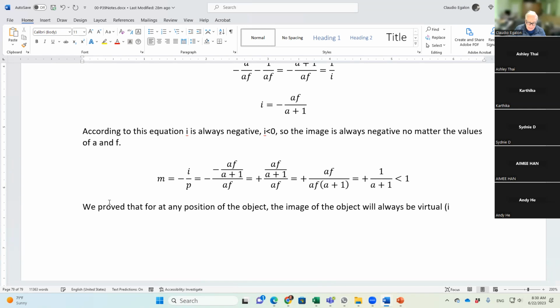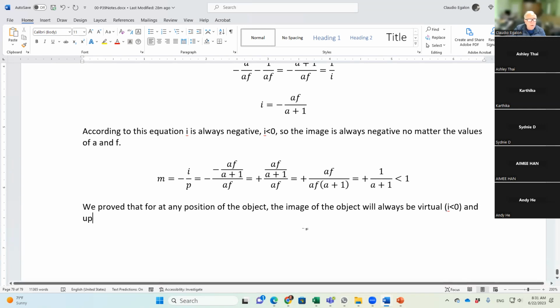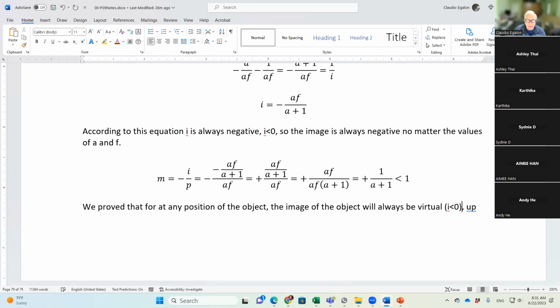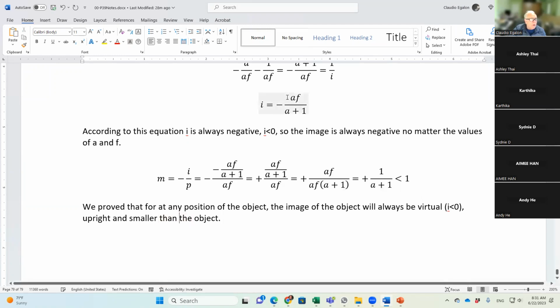Virtual means I less than 0, and upright. Not just upright: virtual, upright, and smaller than the object. So the virtual image is here, right?